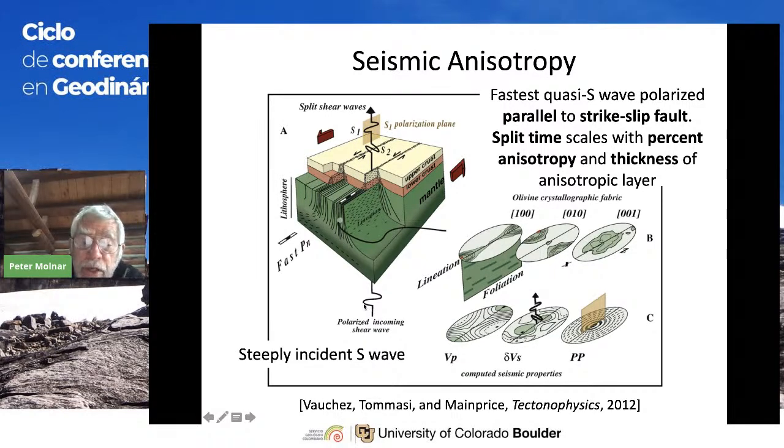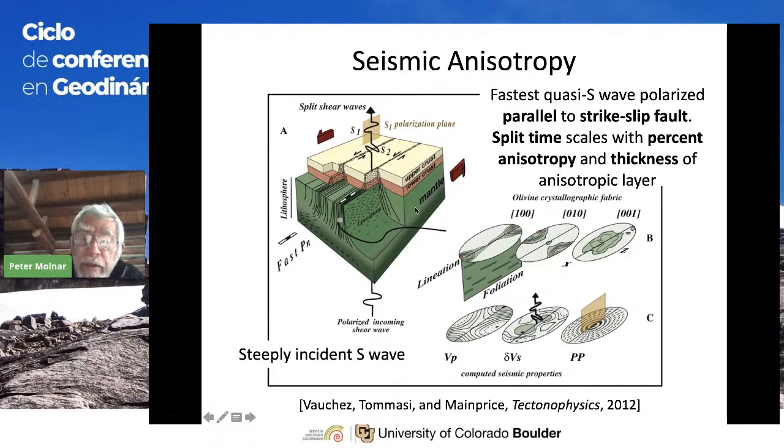So imagine this is an S wave coming up through the mantle, through the mantle lithosphere, through the crust. It's split. The faster, the earlier arrival is polarized parallel to the strike-slip faults. The perpendicular slower quasi-S wave is perpendicular to the faults.